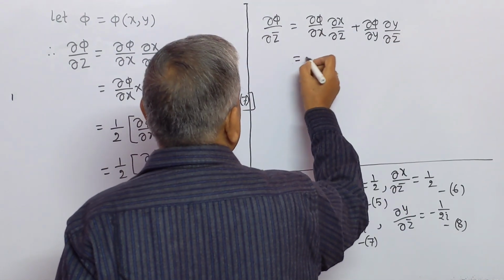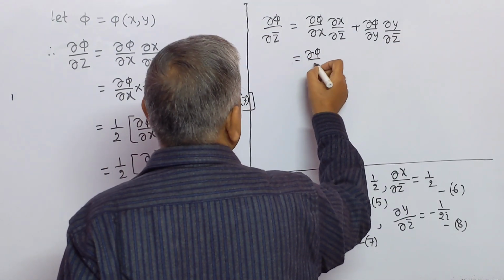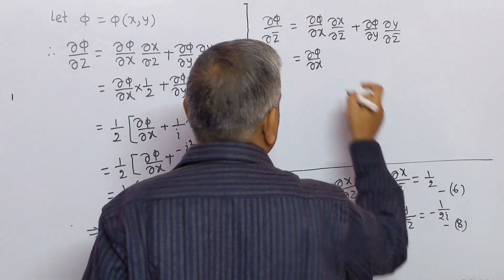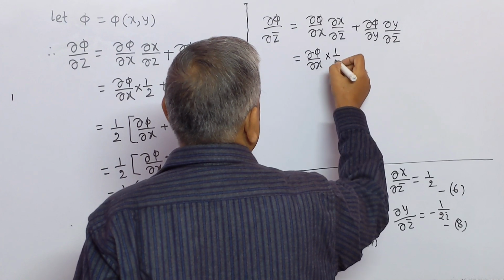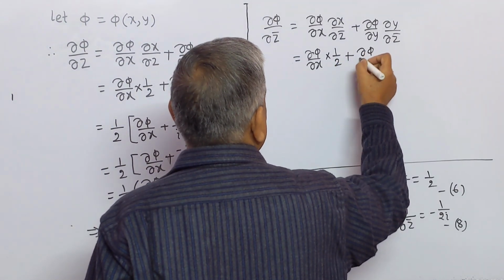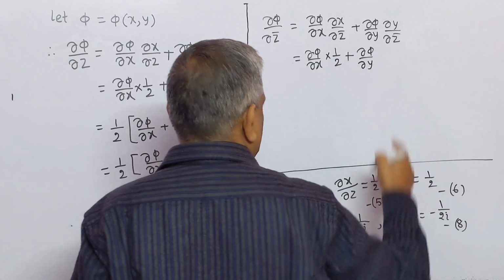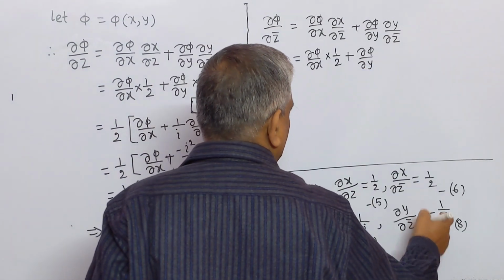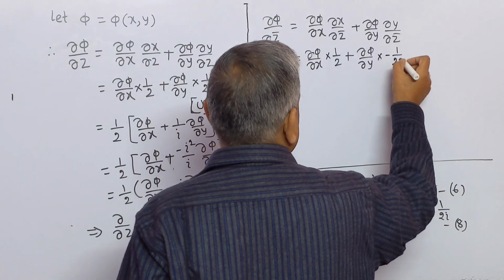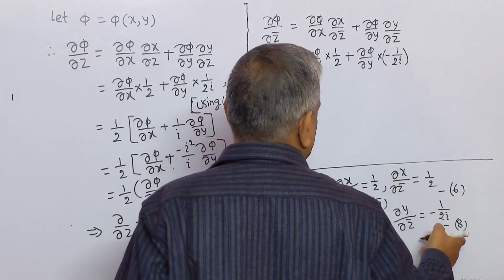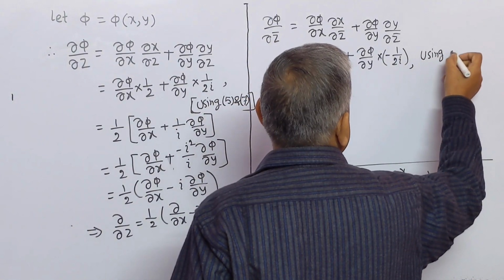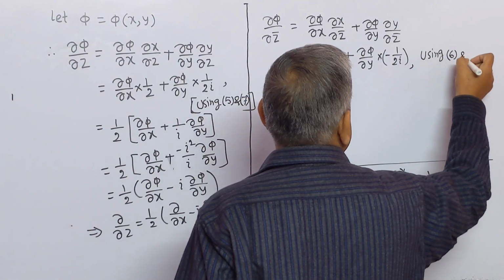This is equal to del phi by del x, del x by del z bar is half from 6, plus del phi by del y, del y by del z bar minus 1 by 2i from 8, using 6 and 8.